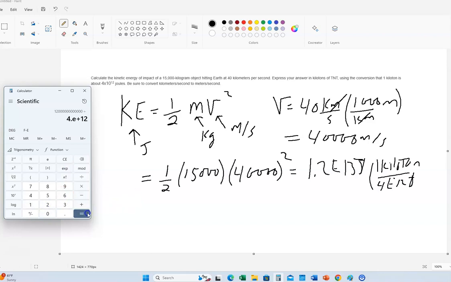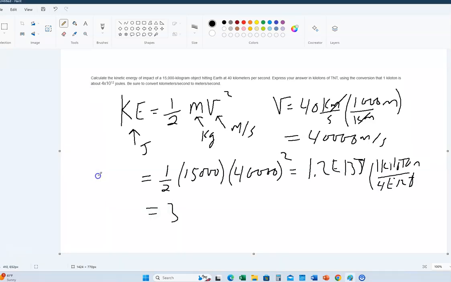That'll give us the number of kilotons of this particular collision, the amount of energy that would come from this. So it would be 3 kilotons. The answer here would be 3 kilotons of TNT, but you just say kilotons. That's fine. Anyhow, I'll put the of TNT.